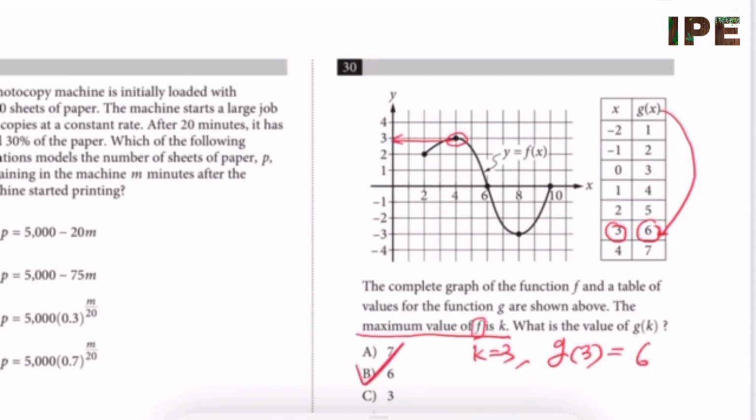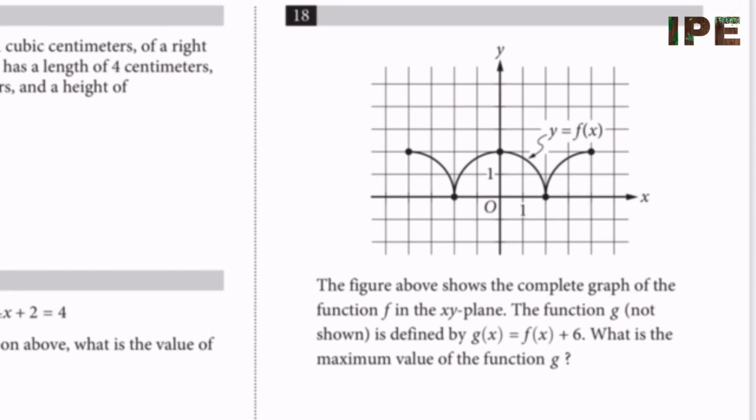Answer is B. The figure above shows the complete graph of the function f in the xy plane. The function g, not shown, is defined by g(x) equals f(x) plus 6. That means the g(x) graph actually came from f(x). The f(x) is translated vertically 6 units up because f(x) plus 6 equals g(x).